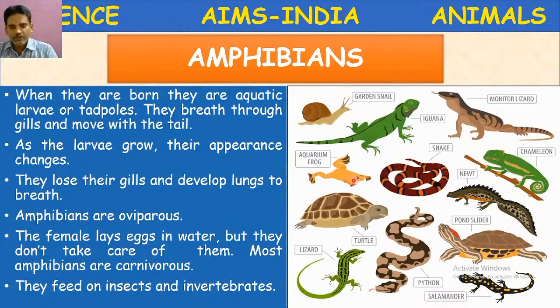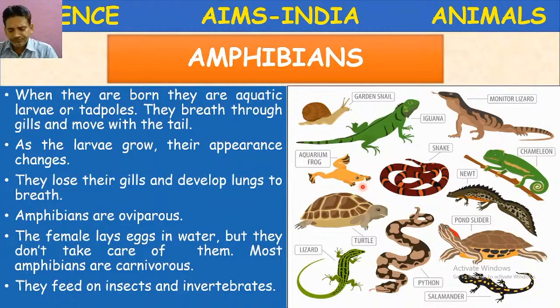Next, they are tetrapods. Tetrapods means they possess 4 limbs. Four limbs, front limbs and back hind limbs.